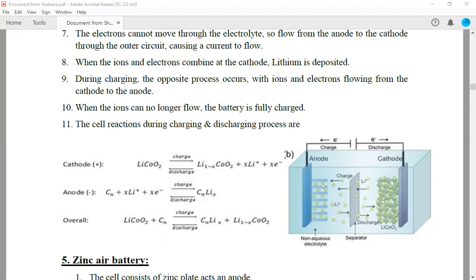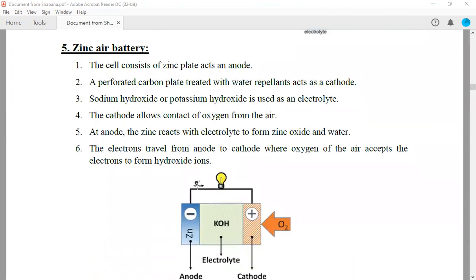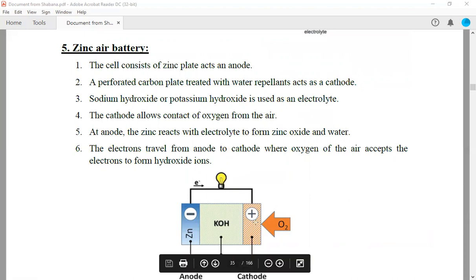Coming to the last battery, that is the zinc air battery. This is a zinc air battery in which the cell consists of zinc plates which act as an anode, and a perforated carbon plate treated with water repellent, which acts as a cathode.